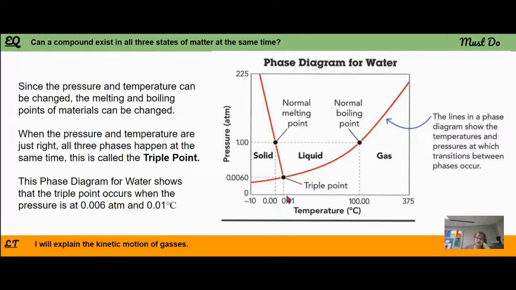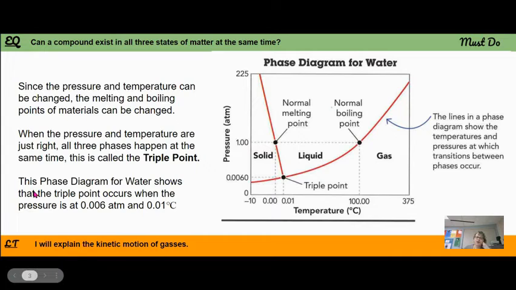So it's really close to zero. You would see that it was a solid and a liquid and a steam all at the same time. You could see that kind of like what we did in the very beginning. So when the pressure and temperature are just right, all three phases happen at the same time. This is called the triple point.